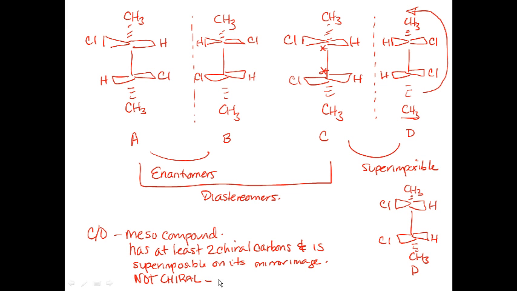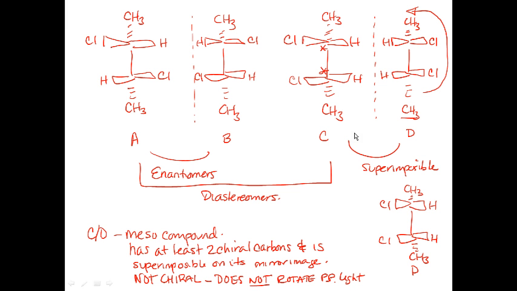And that means that it does not rotate plane polarized light. Okay, any molecule that is superimposable on its mirror image is not chiral. It doesn't have the ability to exist in a left and a right-handed form. And so therefore, it's not chiral. It doesn't rotate plane polarized light.